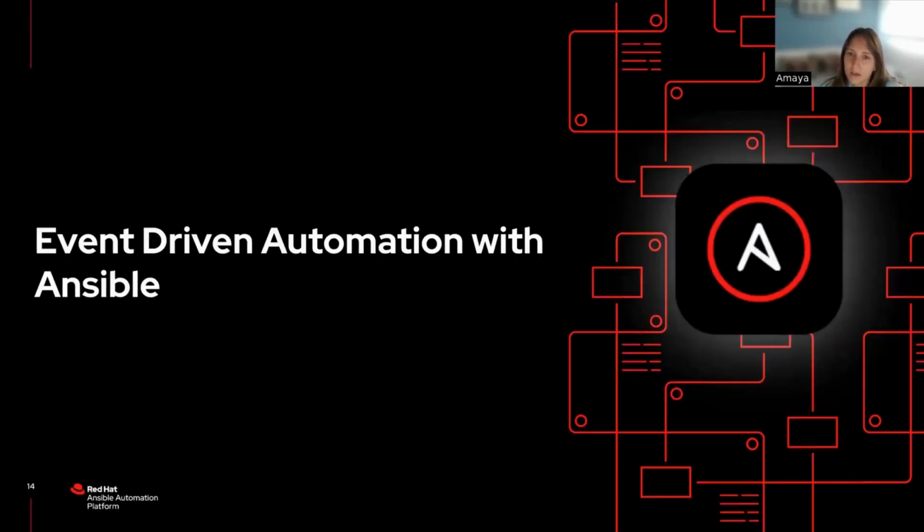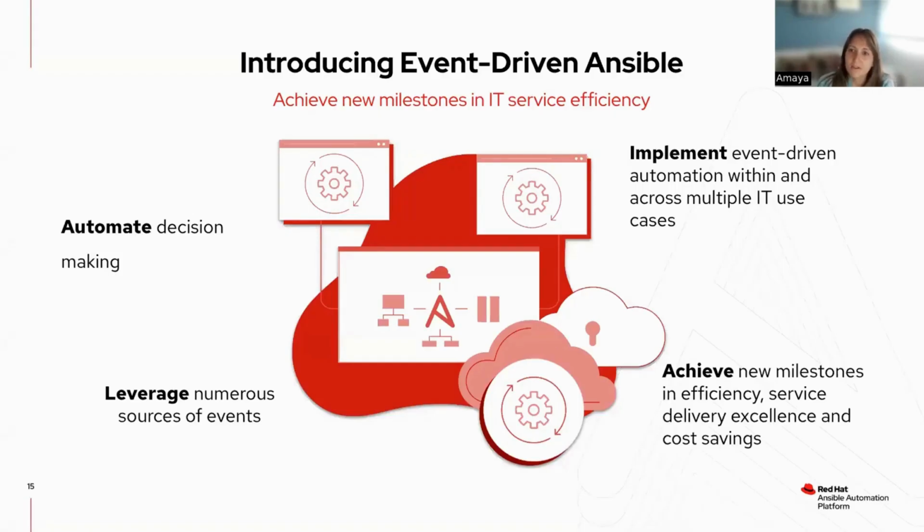Now, let's cover another very exciting feature that we have just announced, which is event-driven automation with Ansible. Event-driven Ansible is a new way to enhance and expand automation. It improves IT speed and agility while enabling consistency and resilience.